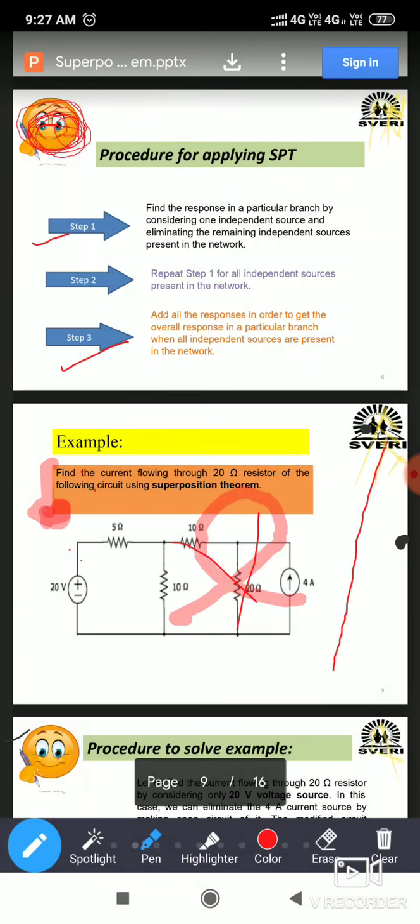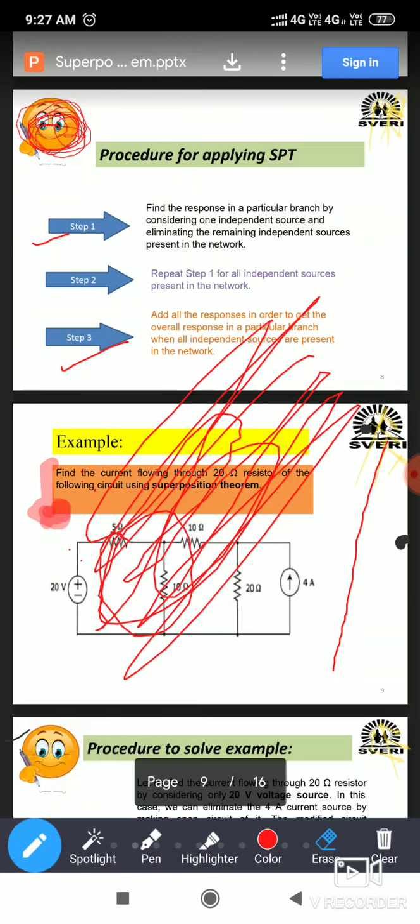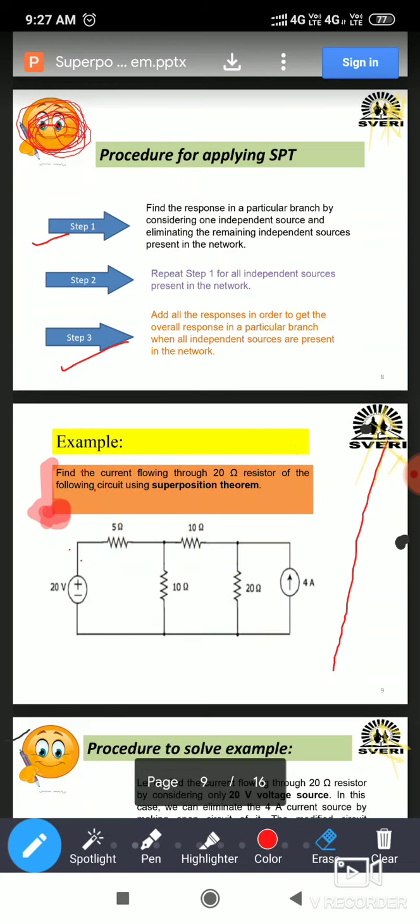So here we add the responses of all independent sources present in the given network. When we find all the responses by keeping one source at a time, and once we have all of them, then by the superposition theorem we add them, and then we can find the response in that particular branch.